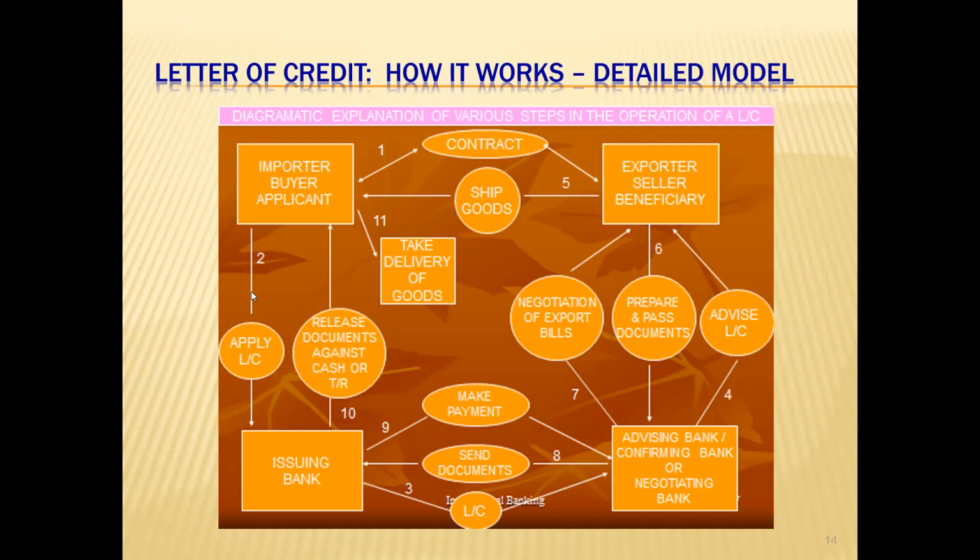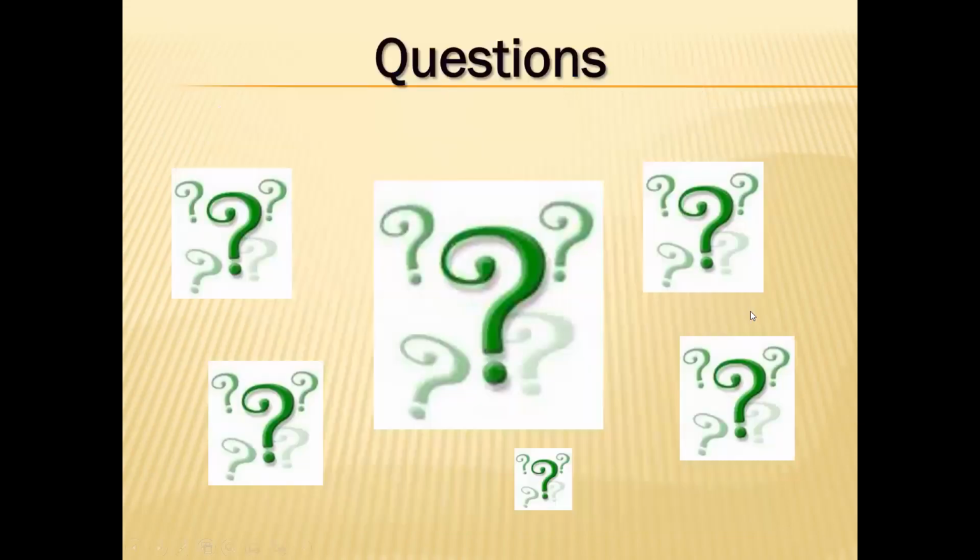Number 2, they applied for letter of credit to their bank, the importer's bank, which is the issuing bank. The issuing bank sets up, number 3, the letter of credit with the exporter or seller's bank, or an intermediary, a correspondent bank. Okay, they advise, point 4, they advise the exporter that a letter of credit has been, oh, sorry.